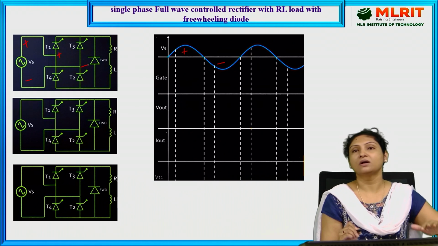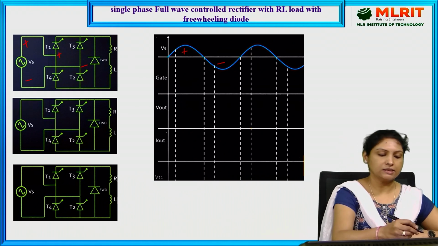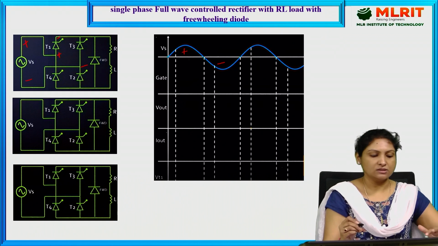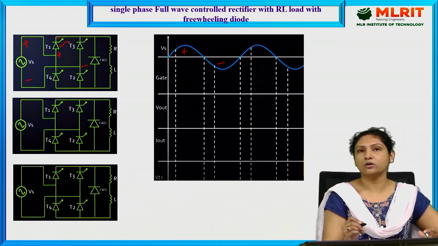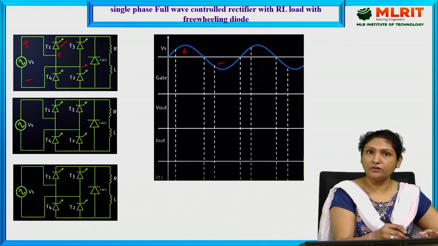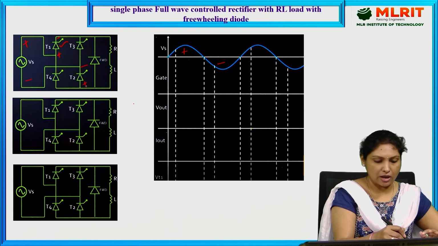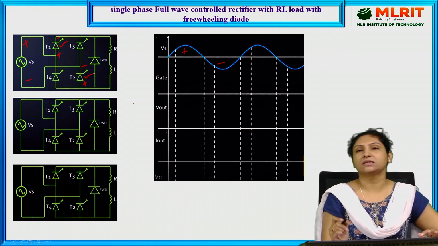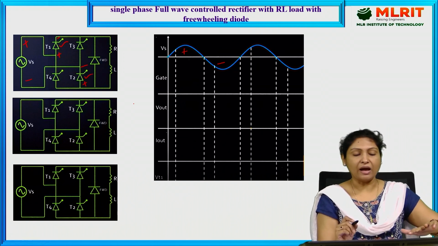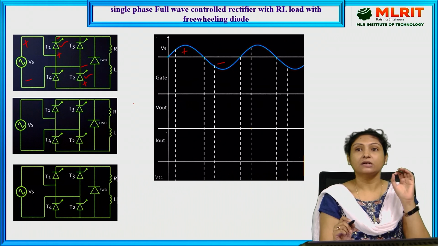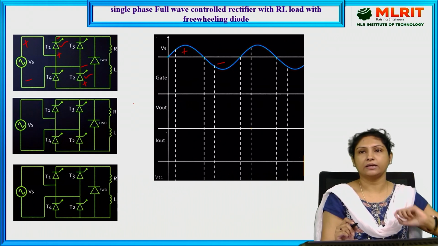Because of such polarities, the anode of thyristor 1 is positive with respect to cathode, such that T1 is forward biased, and because of the negative polarity, the cathode of T2 is more negative with respect to anode. T2 is also in the forward blocking state. Now, T1 and T2 are in the forward blocking state. That means it is ready to conduct but not in the conducting state.